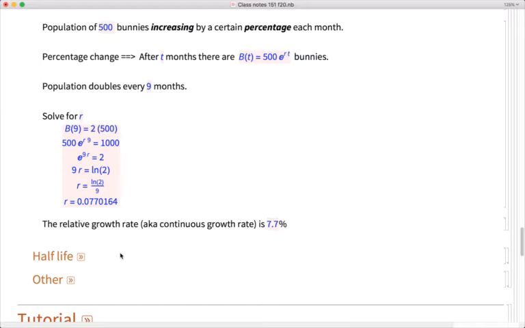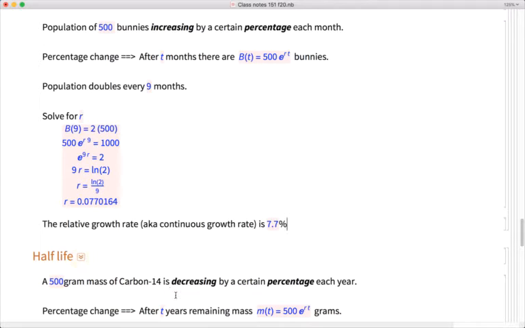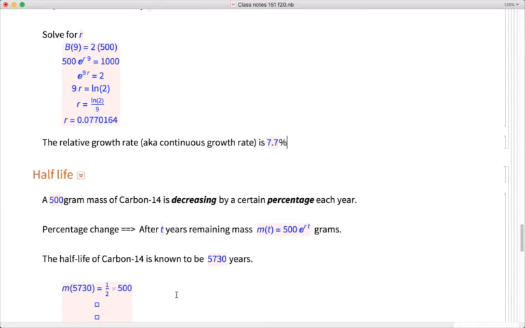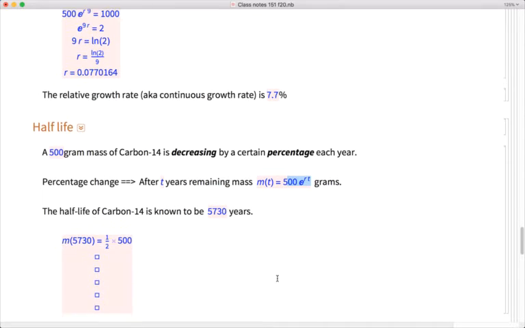We're told the doubling time. Another common way, especially for radioactive decay, is to be told a half-life. This is just going the opposite direction. We start with 500 grams. Again, we're decreasing by a percentage, so our formula looks like this. But now the bonus information that we get is that the half-life of this material is 5,730 years.